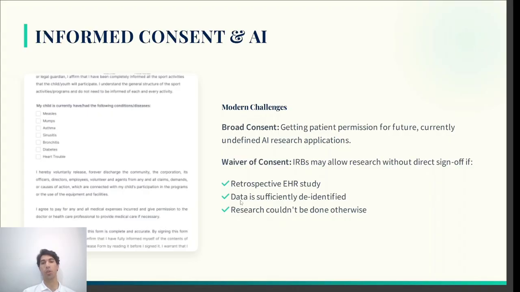If we have followed the proper de-identification protocols, for example HIPAA Safe Harbor, and we have made sure that the data cannot be traced back to the patient, we can use it for research purposes. Finally, we have research which cannot be done otherwise. The IRB may allow the research if it cannot be done without that data.